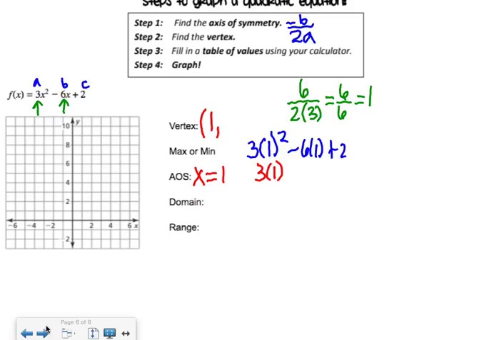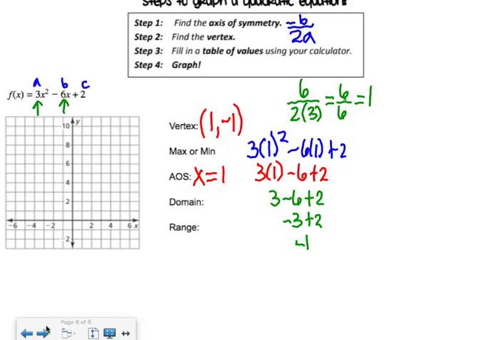Negative 6 times 1 is negative 6 plus 2. So 3 minus 6 plus 2. Now if I add those numbers together, 3 minus 6 is negative 3, plus 2. Negative 3 plus 2 gives me a negative 1. So we just found our y value to be negative 1.